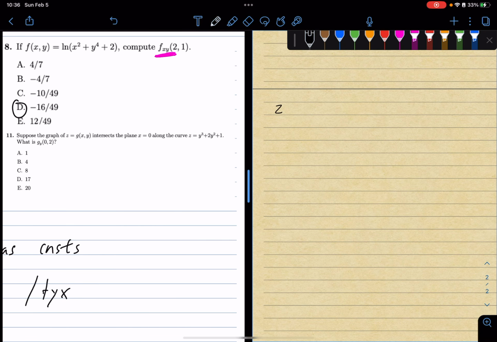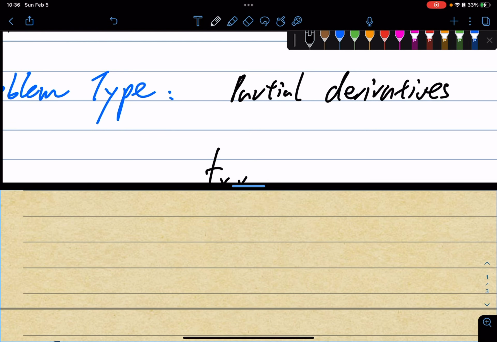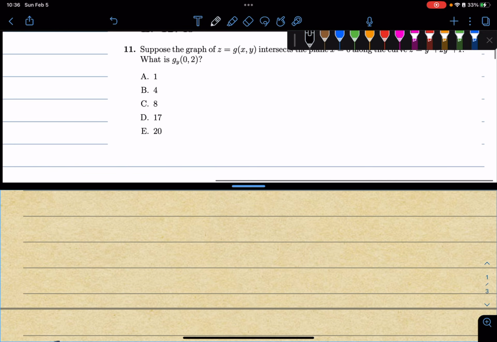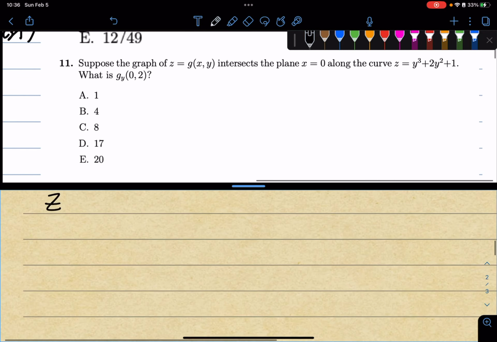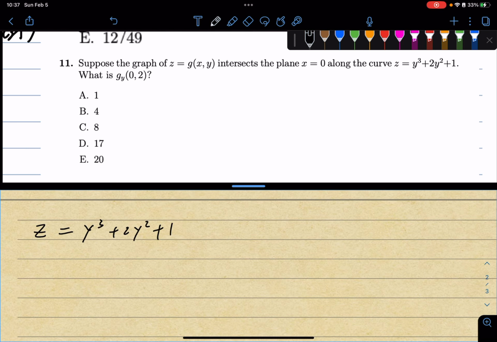Let me go ahead and change the orientation as well. So this is your problem, right? So z of y cubed plus 2y squared plus 1 is actually a section of g of x, y.